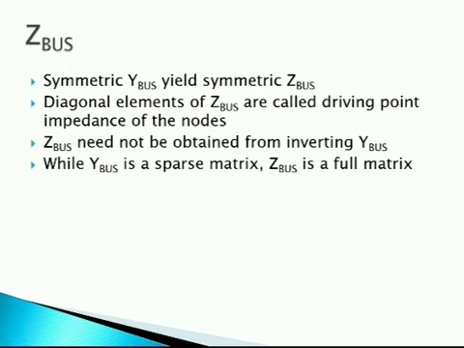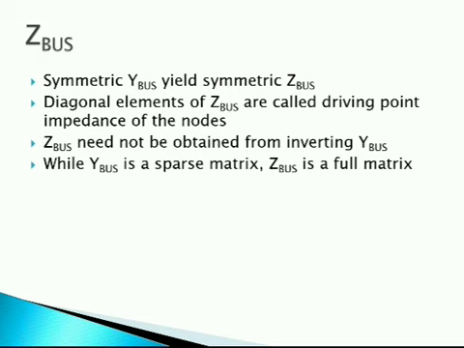While Y bus is a sparse matrix, Z bus is a full matrix. Okay, because we are developing Z bus from the Y bus, and in the Y bus where you have no connection between two buses, that Y is represented as zero, but in the Z bus such a thing is not possible.